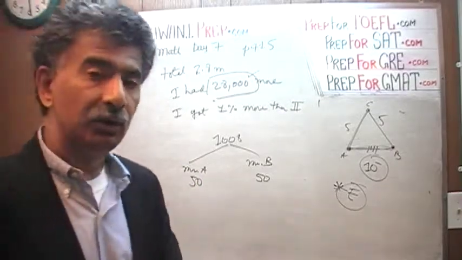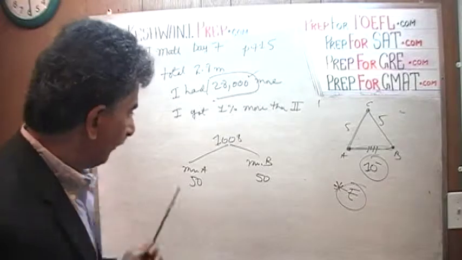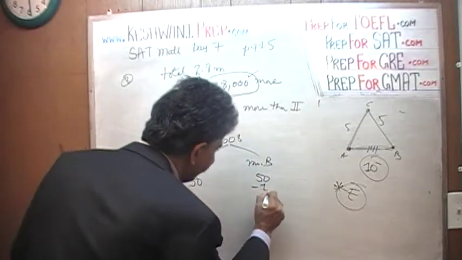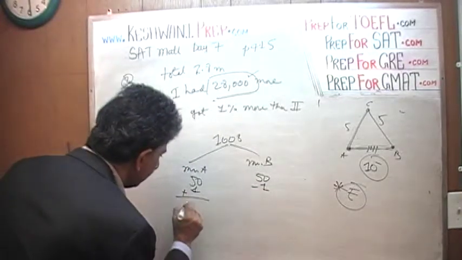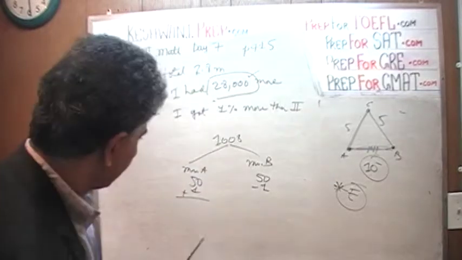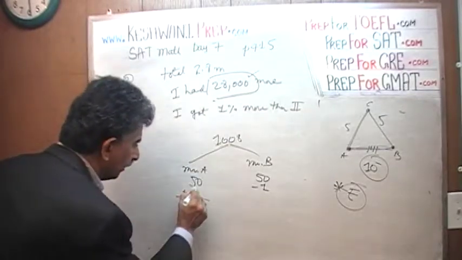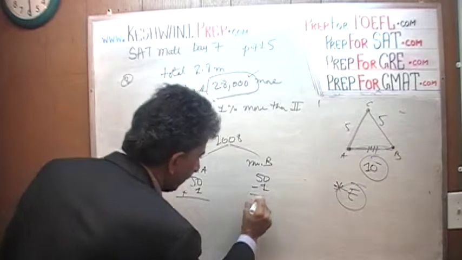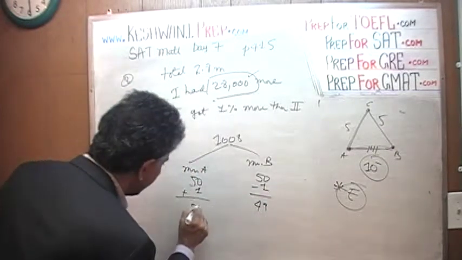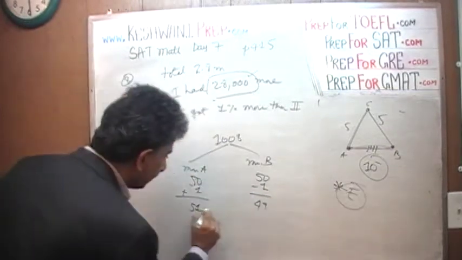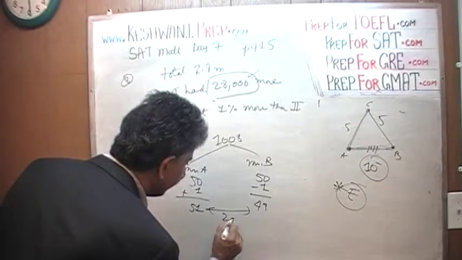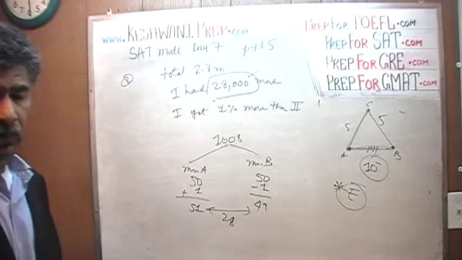I want Mr. A to have 1% more. If I were to simply take 1 from this guy and give it to this guy, what would end up happening? This guy will end up having 49, and this guy will end up having 51, giving me a difference of $2. That's not what I wanted.